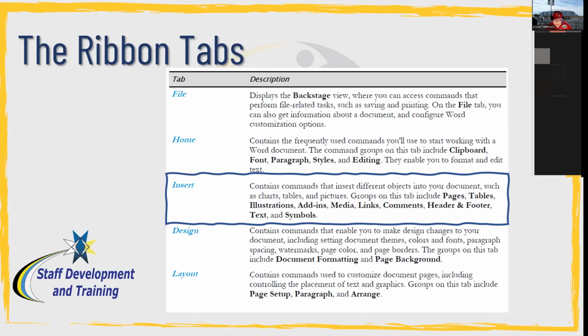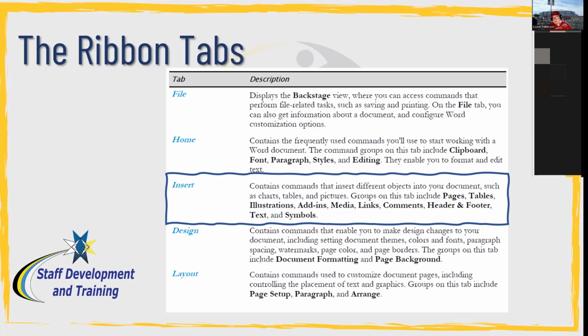And of course, insert tab. Insert gives you the idea that I want to insert a particular object into my document. So inserting objects pertains to a page or a table. Illustration group would consist of images that you can insert, shapes, screenshots, charts, just to name a few.